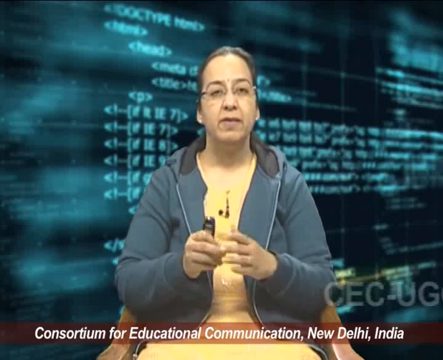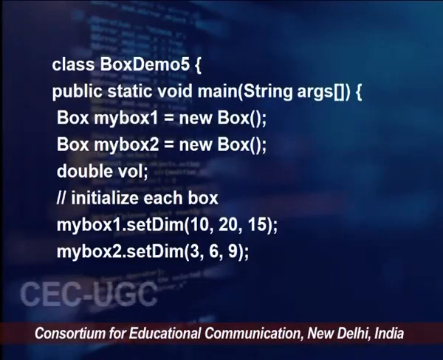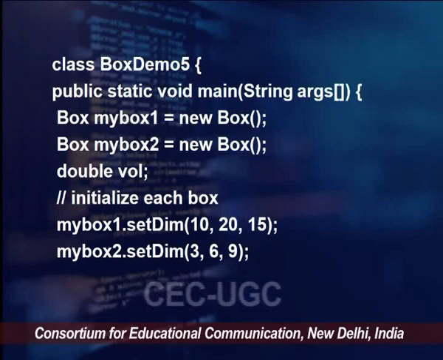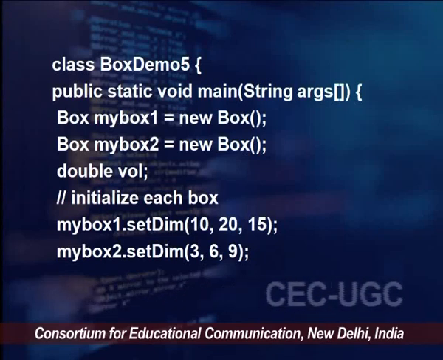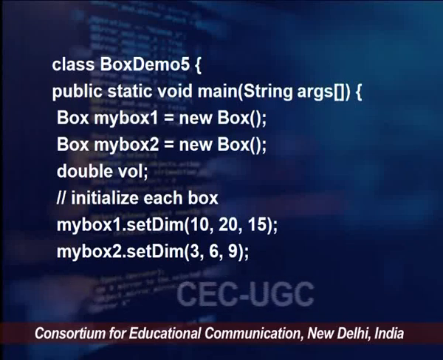Now, in the class which has the main function, what are we going to do? We have 2 instances, as in some programs before: one is mybox1, another one is mybox2. Box mybox1 is equal to new Box, and similarly for mybox2. We have one variable vol, which is going to receive the return value.